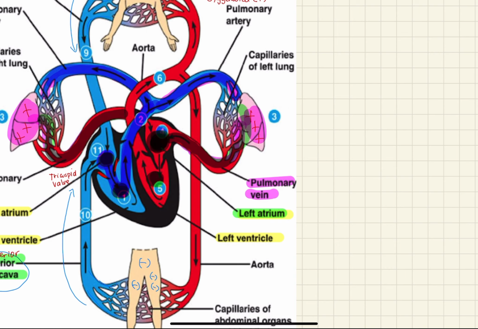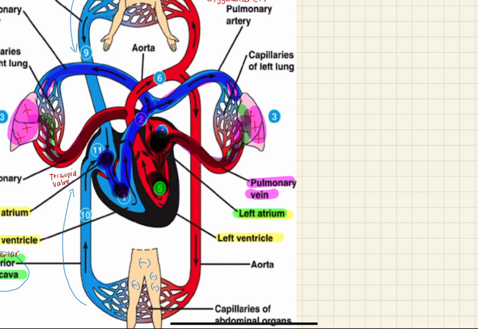Now, magbibit po ulit yung puso. Lub-dub, lub-dub. Okay? Because of the contraction of the atria of the heart, the blood which are already oxygenated will go down to the left ventricle. At ano naman po yung dinaanan? Anong tawag natin dito?